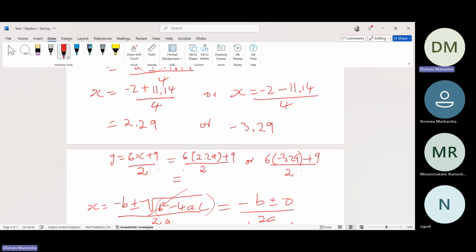We will get, let me see, 6 times 2.29 plus 9, all divided by 2. It gave me 11.37, or the other one will be, let's see.